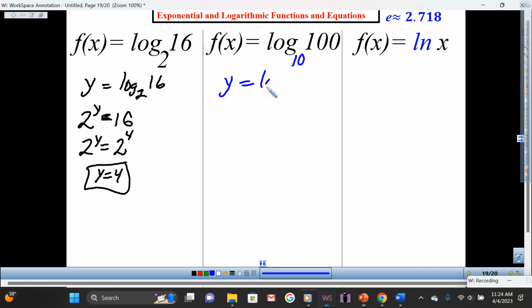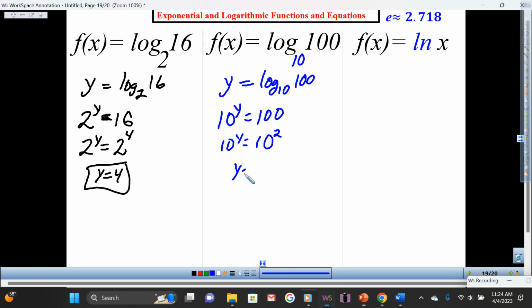Y equals log base 10 of 100. Continue, Christopher. 10 to the y equals 100, okay. So therefore, 10 to the y equals 10 to the what, everyone?